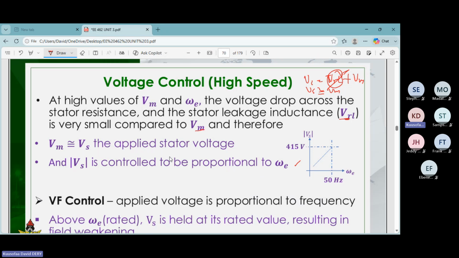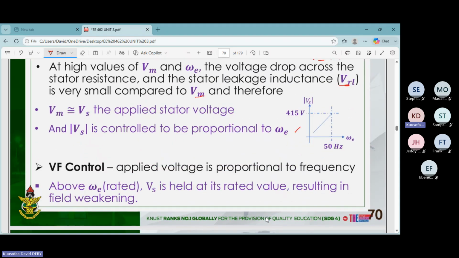So above the rated speed, Vs is held constant at its rated value, resulting in field weakening. Because we know that field weakening happens when you want to operate the machine above the rated speed, which is the base speed.